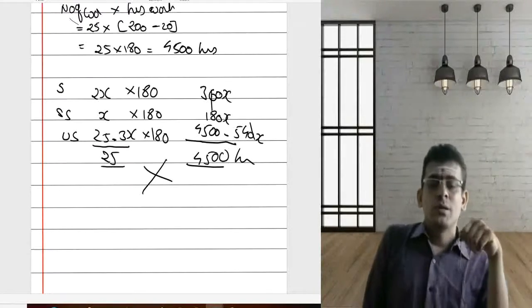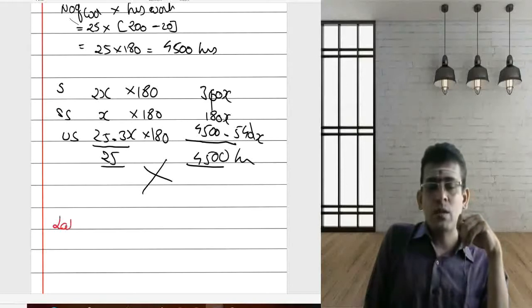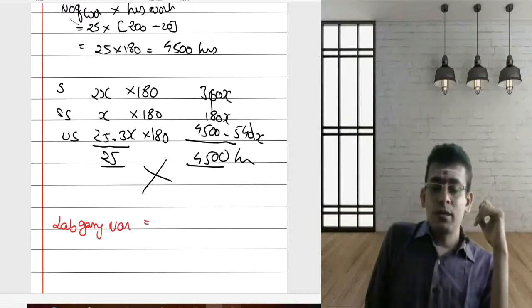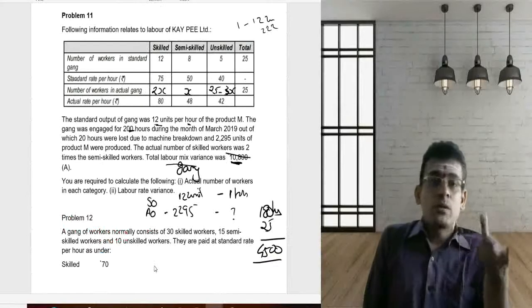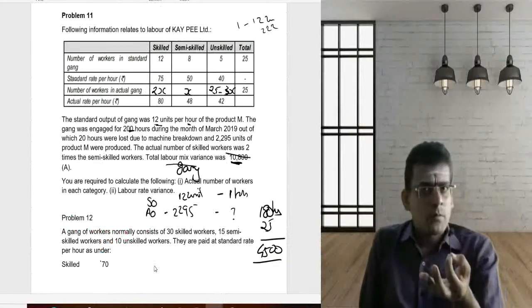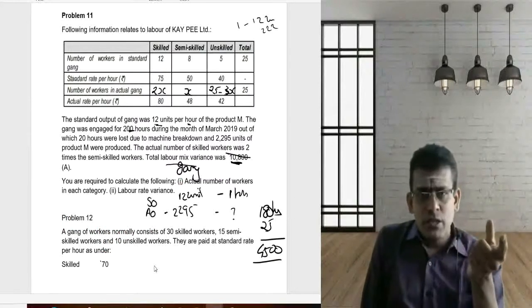What is the clue? The clue now is something called labor gang variance, or labor mix variance. What is the labor gang variance which is given? Now you have to take the clue. See, without a reason, that information would not be provided in the problem. Without considering this, we try to calculate, because I just need to find out my actual hours.